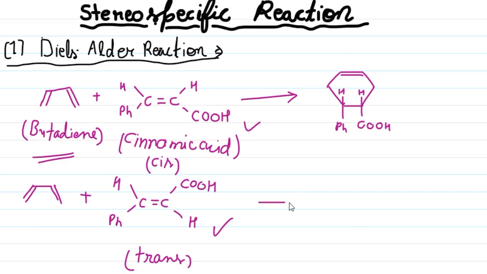So here it gives cyclohexene rings, and here a phenyl group is present, and here a carboxylic group is present.